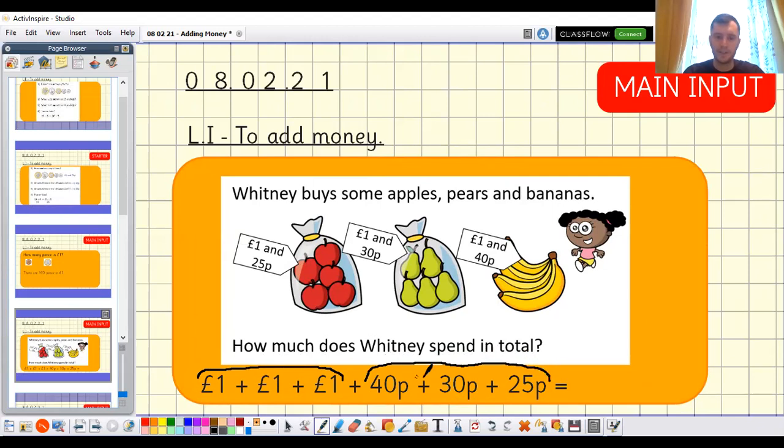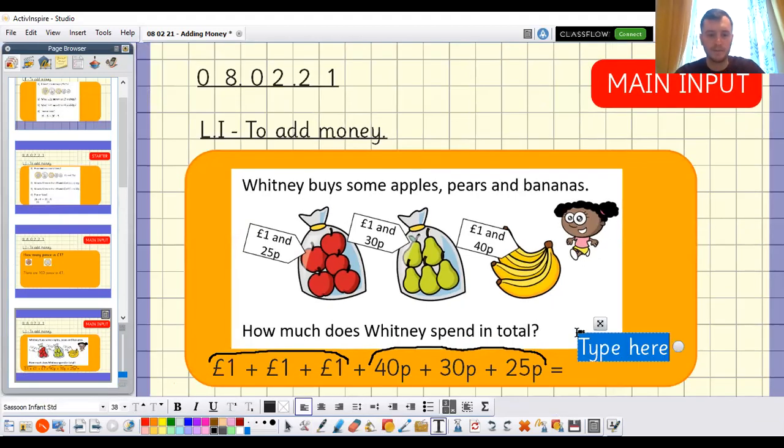So I've got £3 here and 95 pence here, and I can show that as £3 and 95 pence, or £3.95, like that. You could also show it as 395 pence, but these are probably the more common.